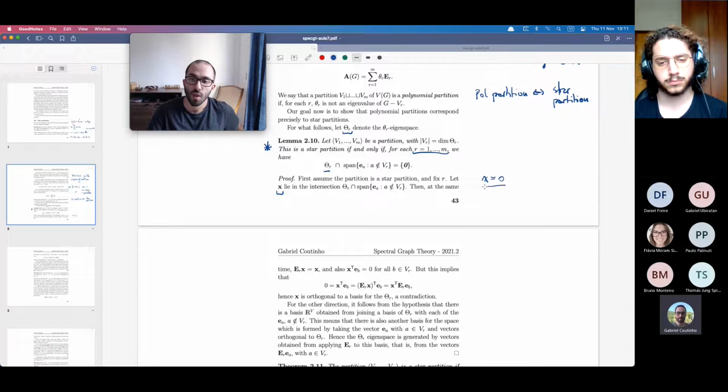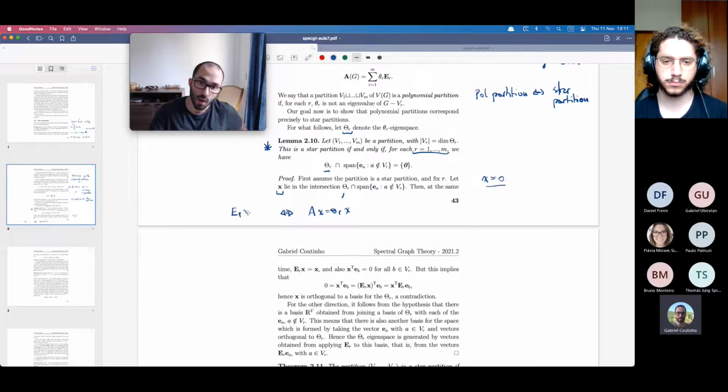All right. So I'm assuming that x is an eigenvector, meaning Ax is theta_r x. Note that this is equivalent to saying that E_r x is equal to x. Right?